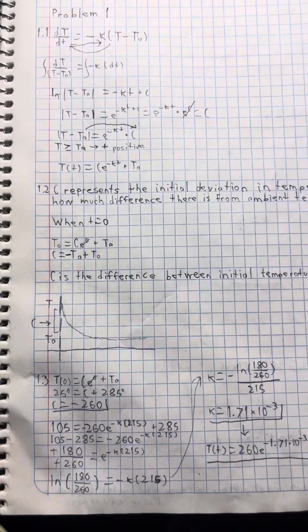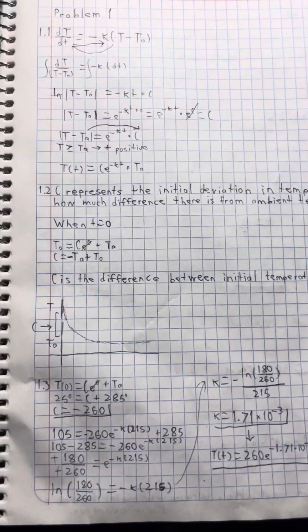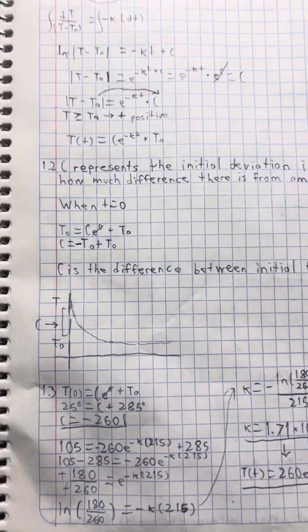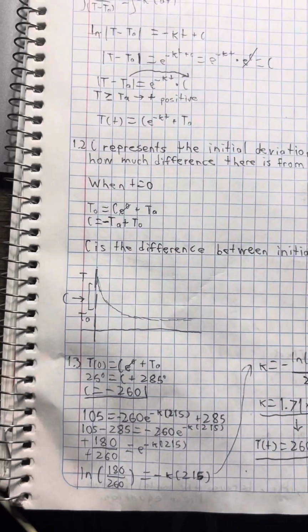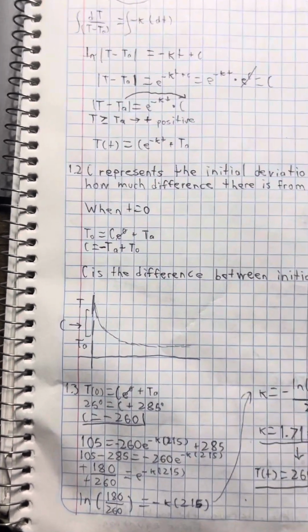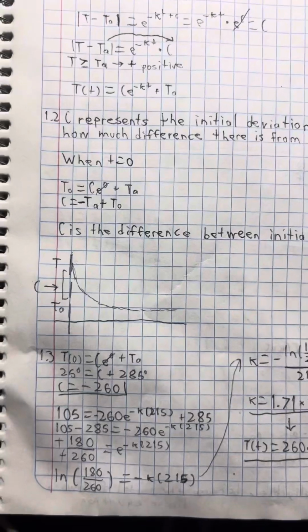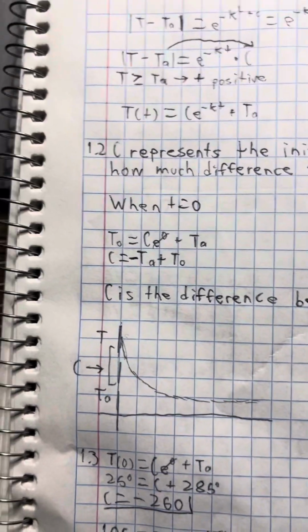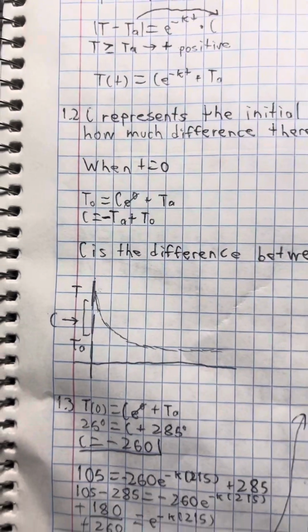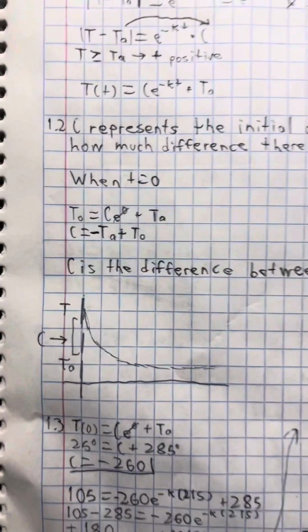For 1.2, firstly, C represents the initial deviation in temperatures. That means it determines how much difference there is from the ambient temperature to the initial temperature in this cool-down process. To get the initial conditions, you have to assume that the time is equal to 0.